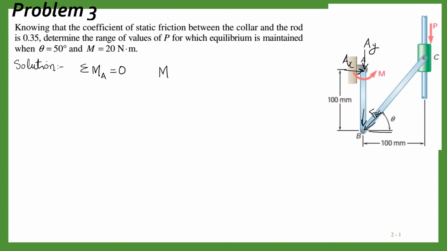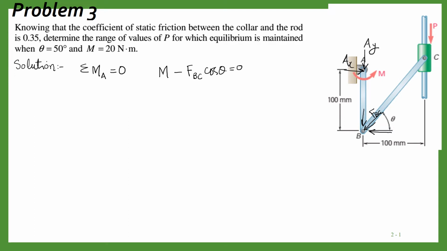One component will be here and one component will be here. So the moment, because of this vertical component, will be 0, so we will have only this, and this moment is opposite to this, so we can write it minus FBC cos theta is equal to 0.